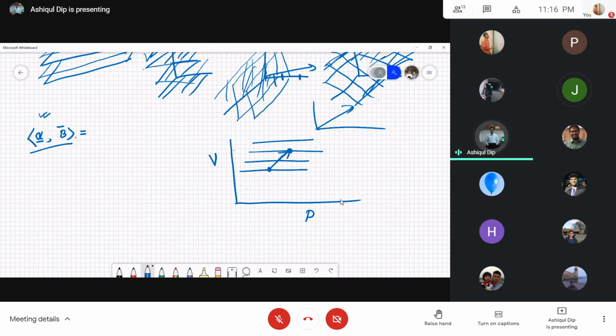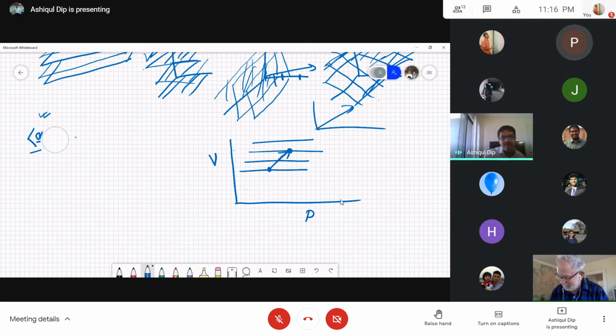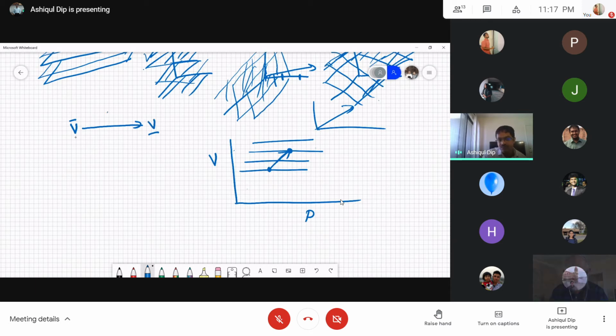So let's define a few conventions. Let's say you have a vector. Now you have a corresponding one form. Let's call it V lower bar. You do this using the metric tensor ds squared.